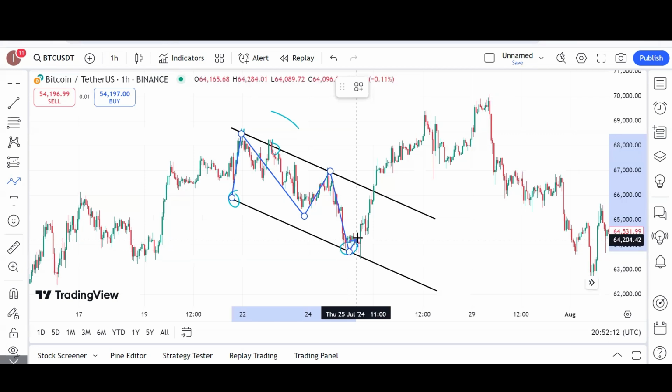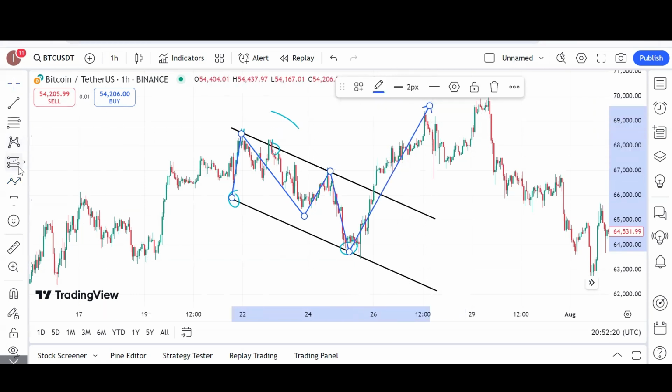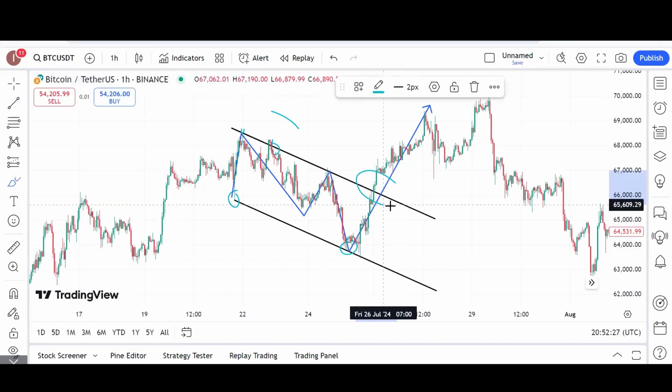Okay, and now the market is trying to break the trend line. Now it's going upward. Okay, now you can see the market trend line is broken here, and now the resistance is changed into the support line.